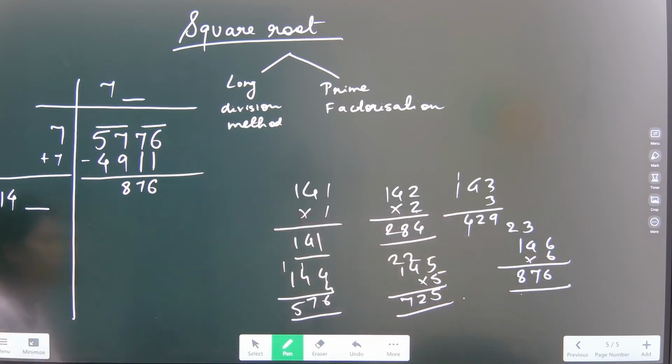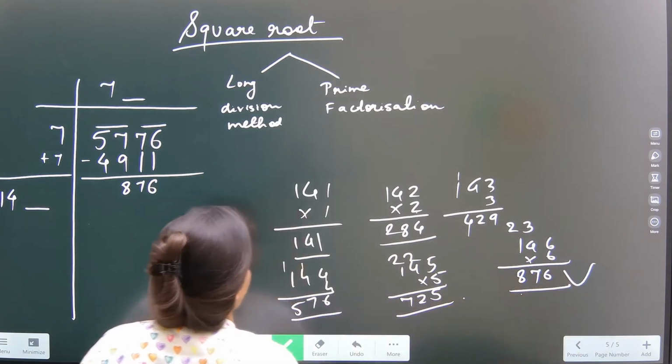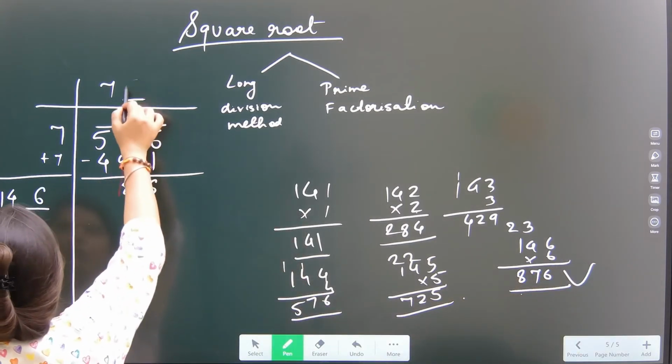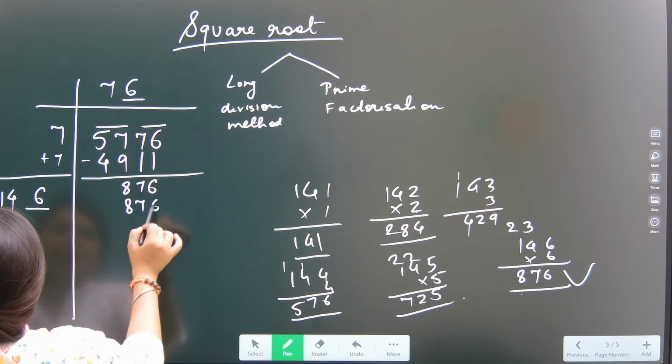Here I got the answer, okay. So this is 146 into 6 is 876, okay.